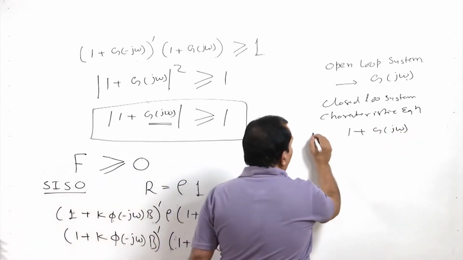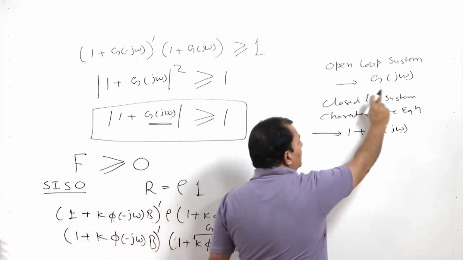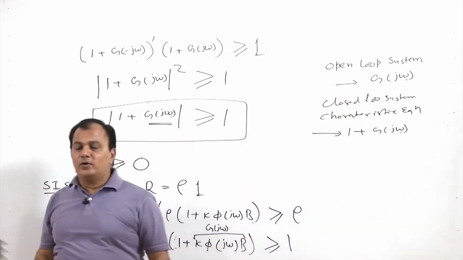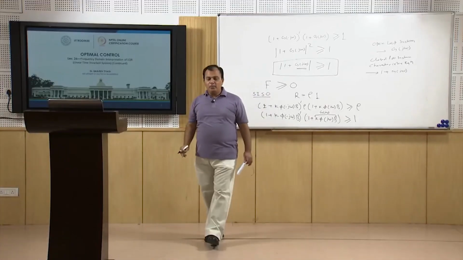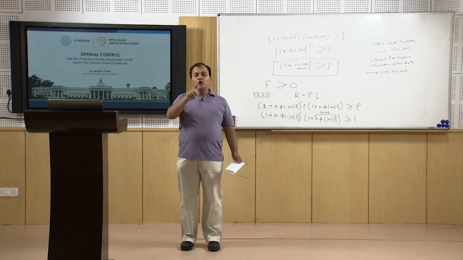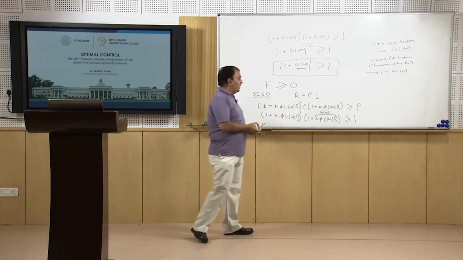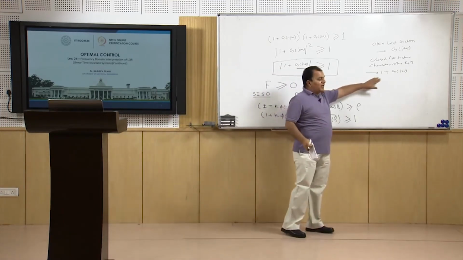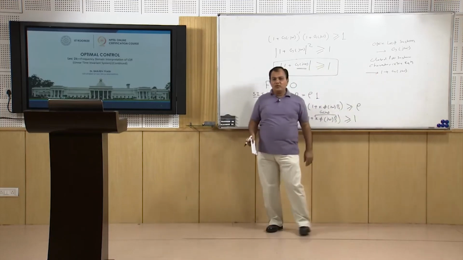So, I can check the stability by the Nyquist plot of G(jω) for the open loop system, and get the closed loop system stability analysis from the Nyquist plot.